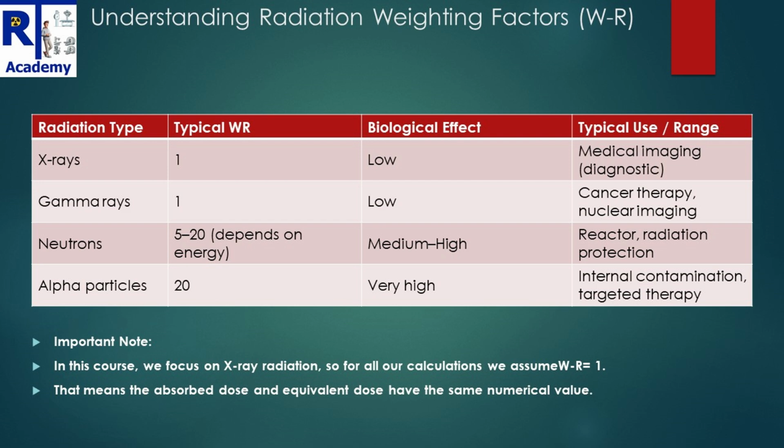Radiation weighting factor for different radiation types: X-rays equal 1, used in routine medical imaging, relatively low biological effect. Gamma rays, with WR equals 1, used for cancer treatment and nuclear imaging, long-range radiation. Alpha particles with WR equals 20, highly damaging, short-range, used in targeted radiation therapies.